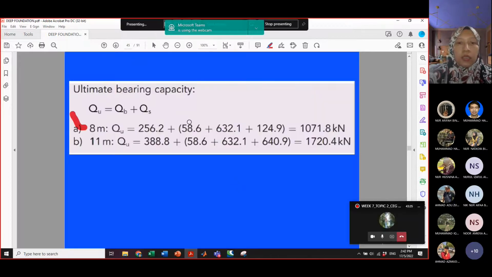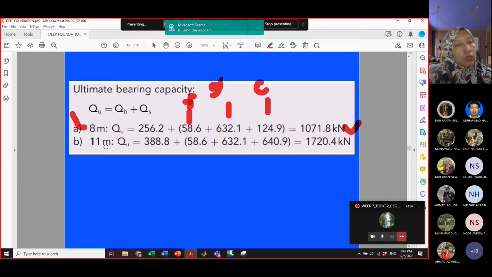Then add from fill, then from gravel, then from clay. So you can see why QS has 3 components: 58.6 plus 632.1 plus 124.9. When you total up, you get the ultimate bearing capacity for a single pile of 1071.8 kilonewton.